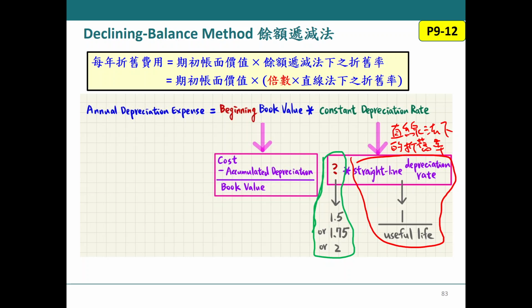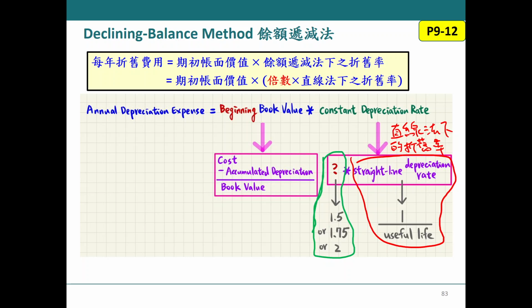It's 1 divided by useful life, right? If you expect to use your PP 5 years, useful life 5 years, so each year your value decreases how many percentage? 1 divided by 5, right? So 20%. First year 20%, second year 20%, third year 20%, fourth year 20%, fifth year 20%, totally 100%.